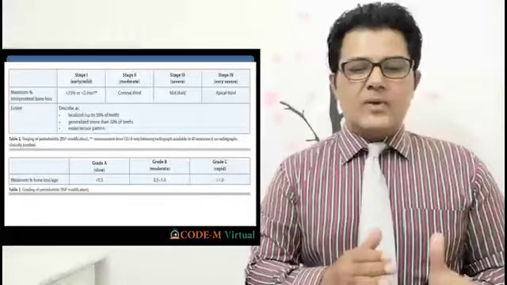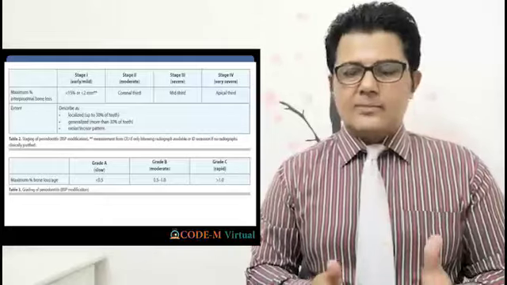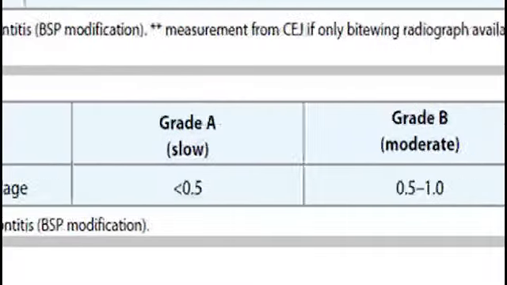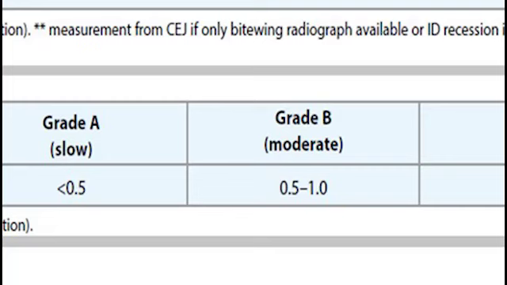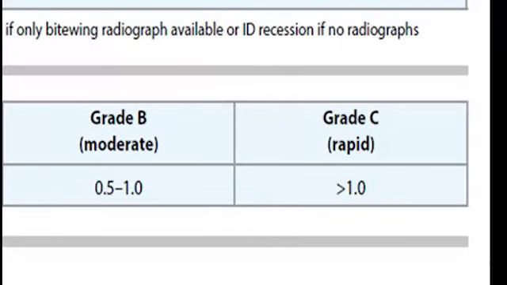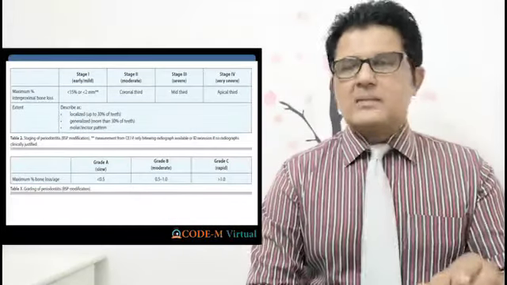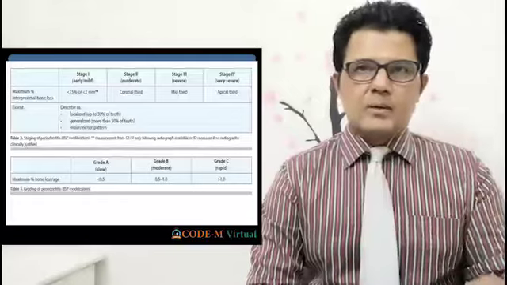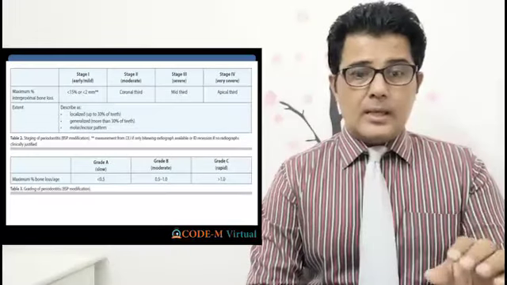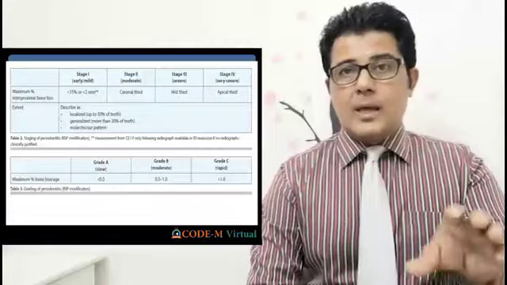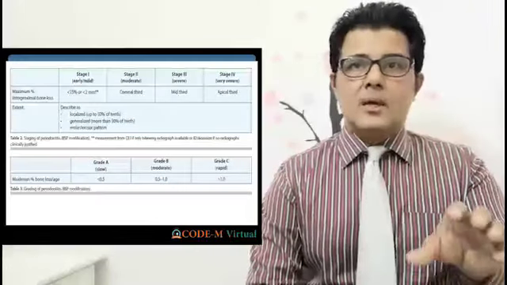If it's less than 0.5, it will be grade A. If it's between 0.5 and 1.0, then it will be grade B. And if it's greater than 1.0, then it will be grade C. This grading of periodontitis is based on the British Society of Periodontology modification presented in this workshop and added in the 2017 classification.